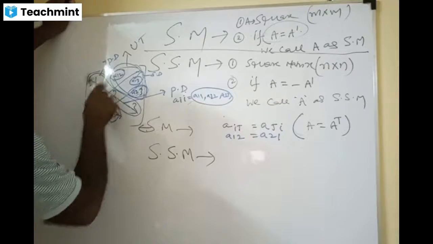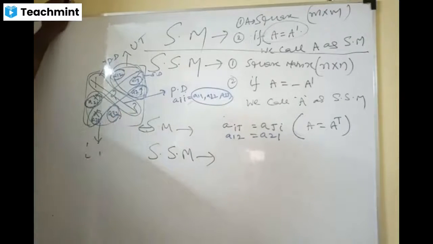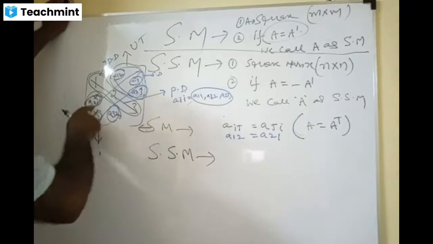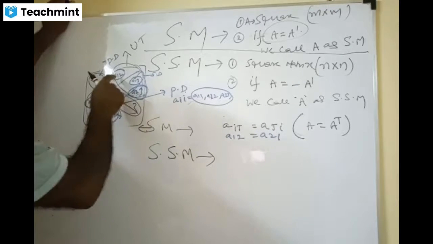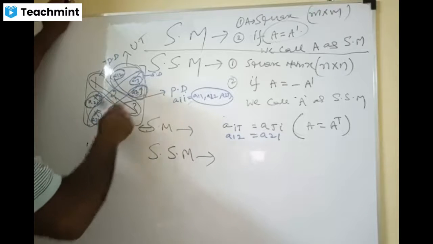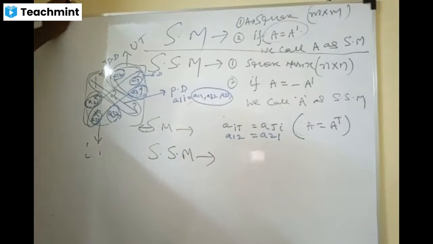Exactly, these two are mirror images now. I stand before the mirror, you can see my image and I can see my image. Therefore, A12 will appear here, but the same number has to be there. Minus 5, minus 5. That is called a symmetric matrix.